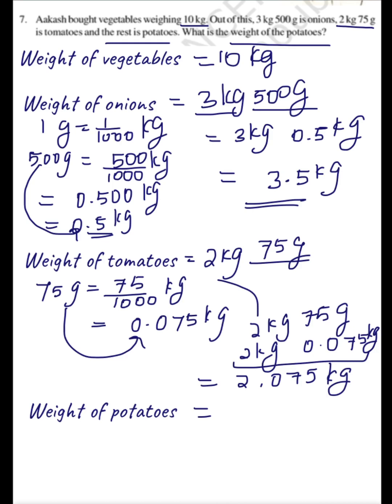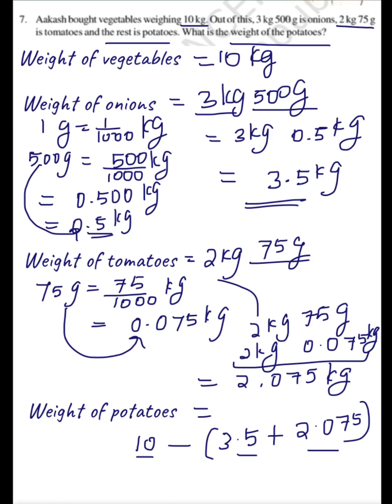You have to subtract the weight of onions and the weight of tomatoes from the weight of vegetables. That means you have to subtract 10 minus the weight of onions plus weight of tomatoes, that is 3.5 plus 2.075. So after adding this, you have to subtract it from 10, then you will get the weight of potatoes.